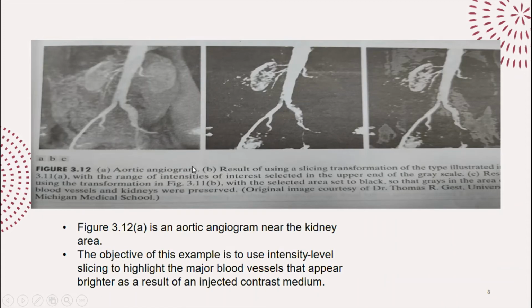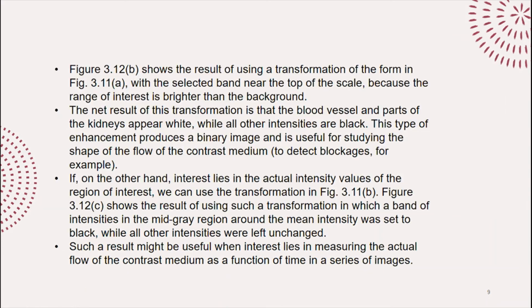In figure 3.12a we can see an aortic angiogram near a kidney area. The objective of this example is to use intensity level slicing to highlight major blood vessels that appear brighter as a result of an injected contrast medium. Figure 3.12b shows the result of using a transformation of the form in figure 3.11a with a selected band near the top of the scale, because the range of intensity is brighter than the background.